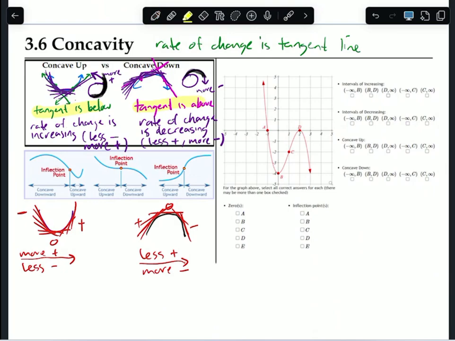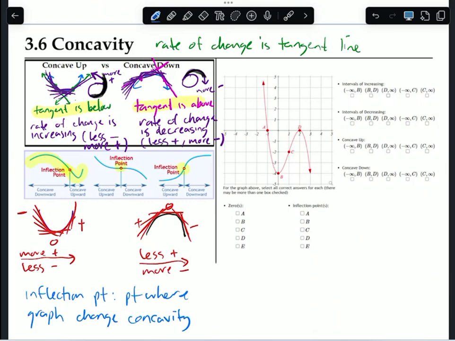The other relationship that you see here is when a graph goes from being concave down to concave up, it happens at this point called an inflection point. So the inflection point is the point where a graph changes concavity.